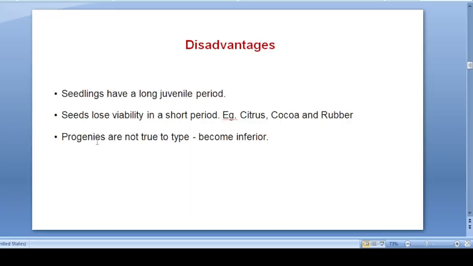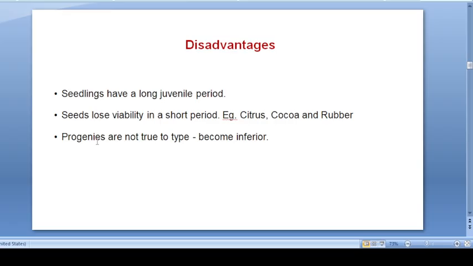And with respect to viability, I would like to give some information, which I think is coming in the next slides. In seeds also there are two types of seeds. So you should be aware of what the seeds are, and mainly the two types of seeds, that is orthodox seed and recalcitrant seed.